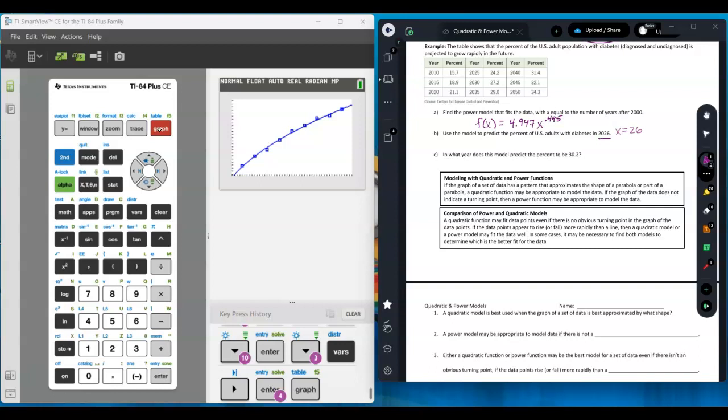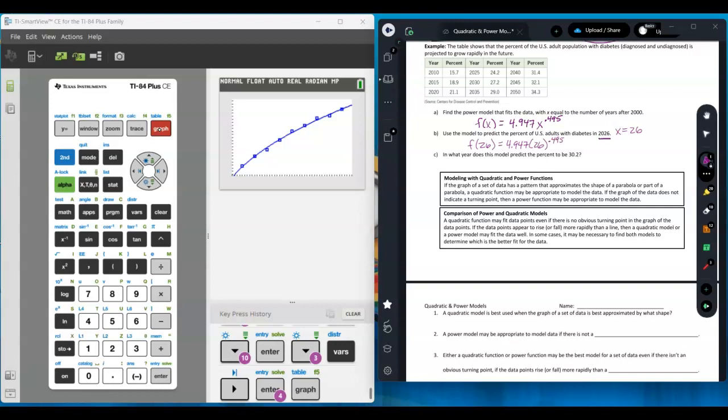One thing you can do is do this by hand. We're really just saying use this equation that they gave us, with an X value of 26. So you could quite literally just substitute in 26 in the place of X and see what you get for Y or for f of X.